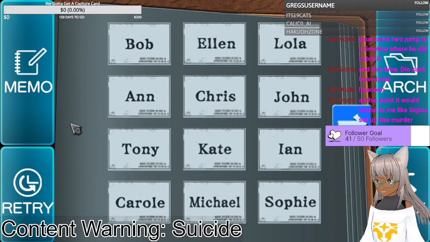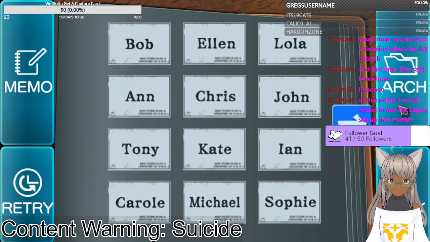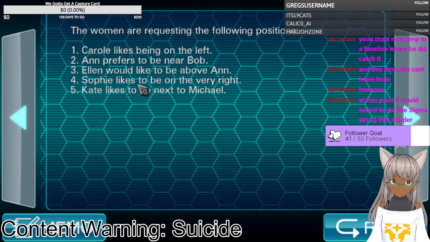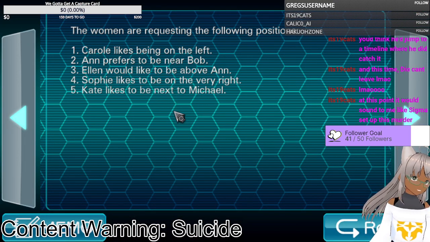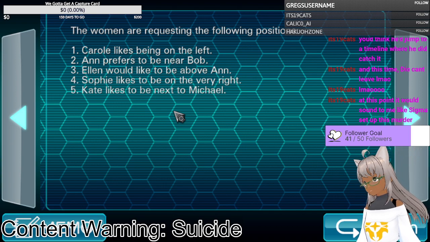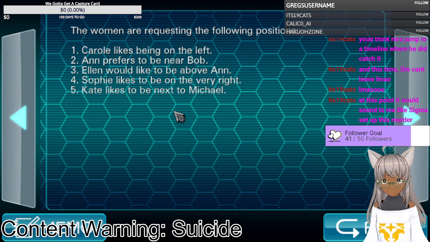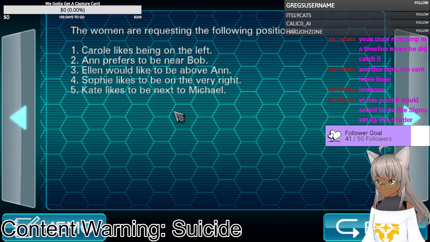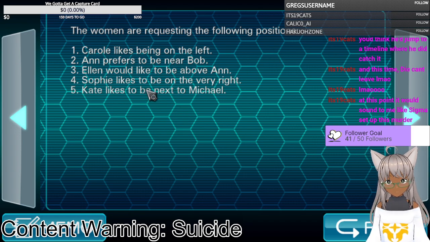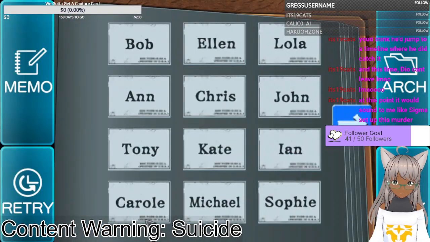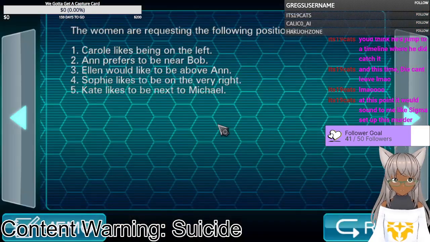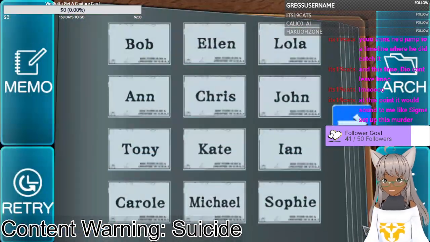We can definitely do this, though. For sure. Ellen would like to be above Anne. Is Carol on the left? Carol's on the left. And Sophie is on the very right.